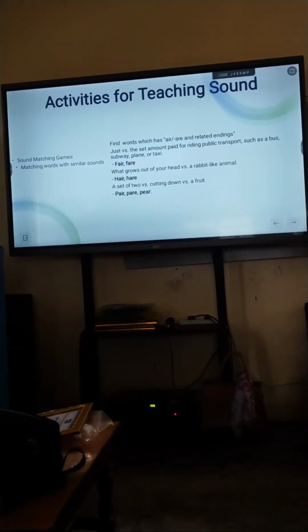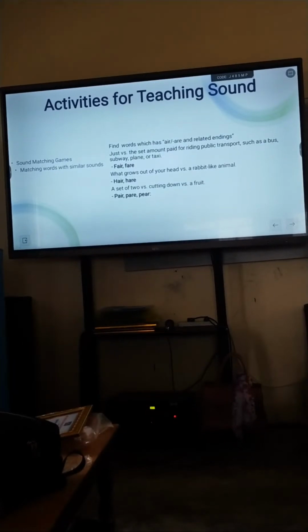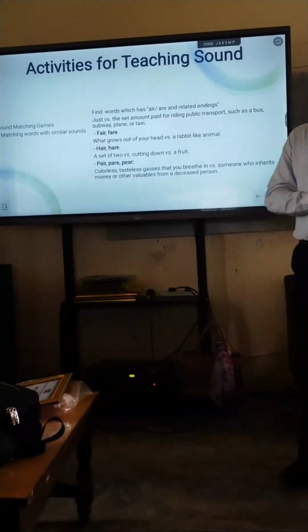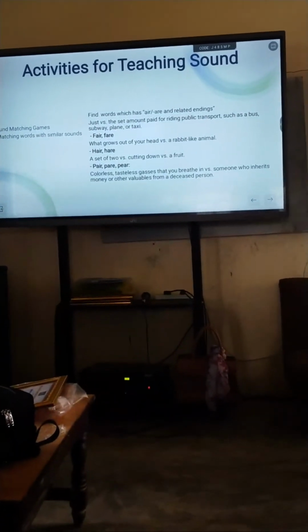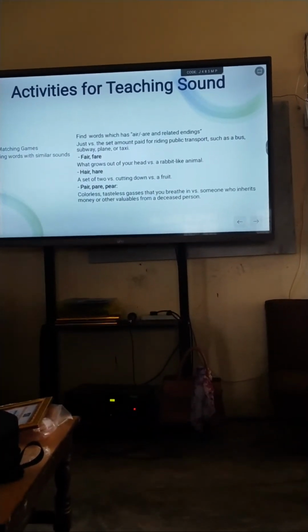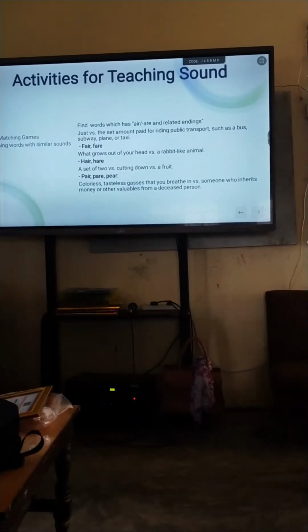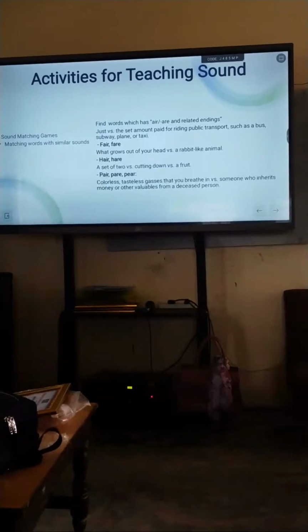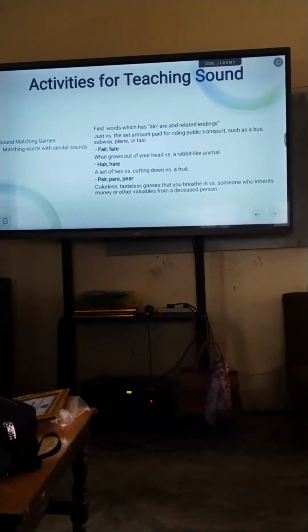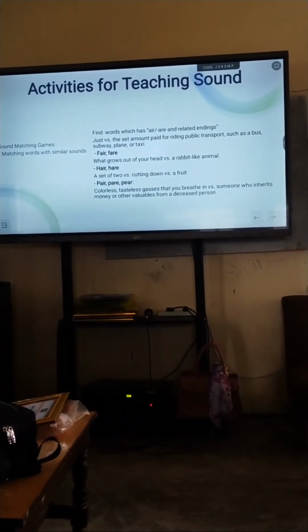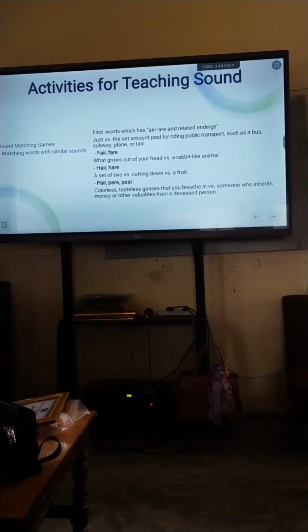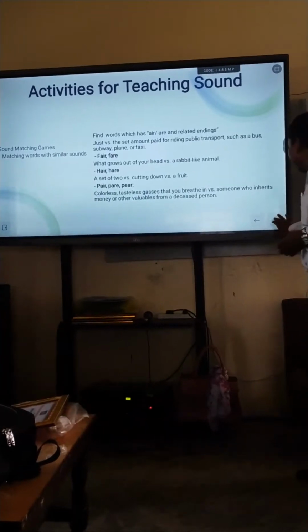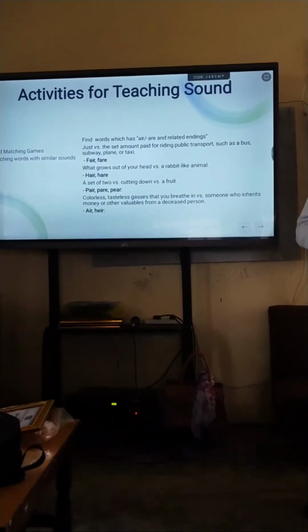Here, very good. Colorless, tasteless gases that you breathe in versus someone who inherits money or other valuables from a deceased person. Peer, P-I-R, H-P-I-R, and value. Peer and peer.